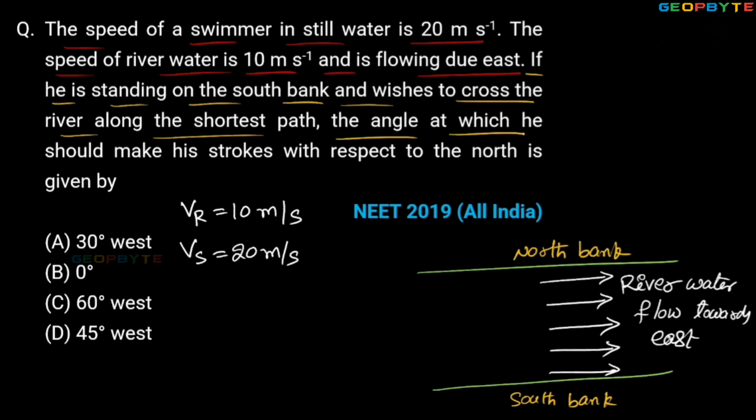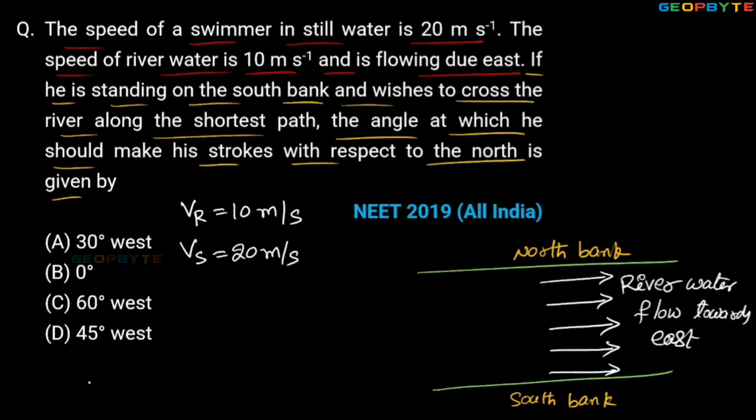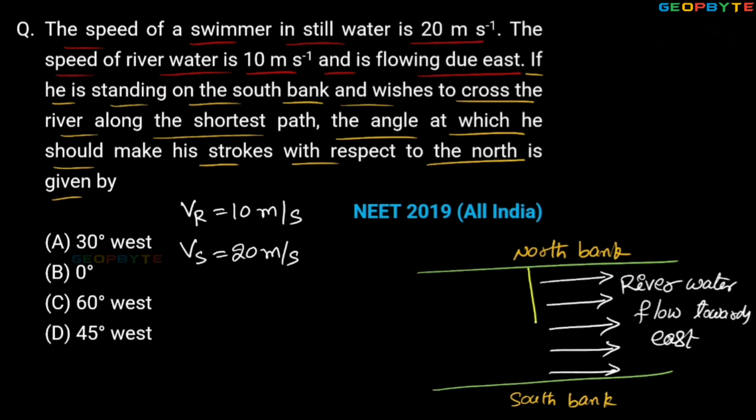The angle at which he should make his strokes with respect to the north is given by. That means for reaching the north bank in the shortest path, he must be swimming towards west. He must be swimming towards west.